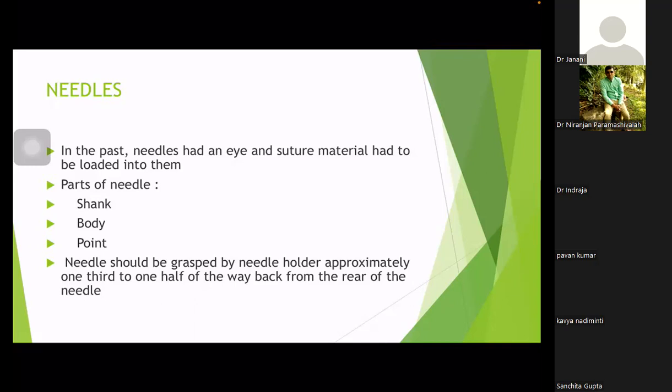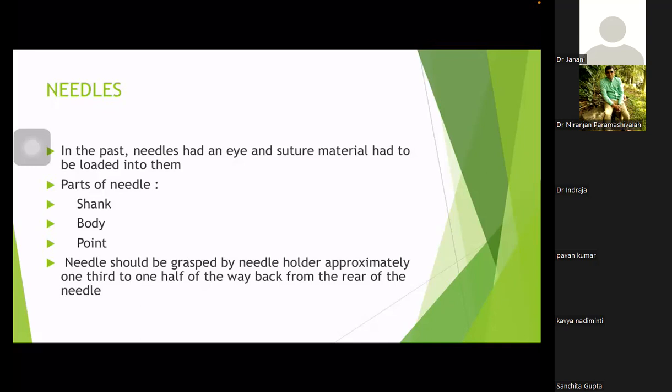Needles in the past had an eye through which the suture material had to be loaded. But now it has a swage through which the suture material comes attached, so that the tissue damage during suturing will be less. Parts of a needle are shank, body, and point.